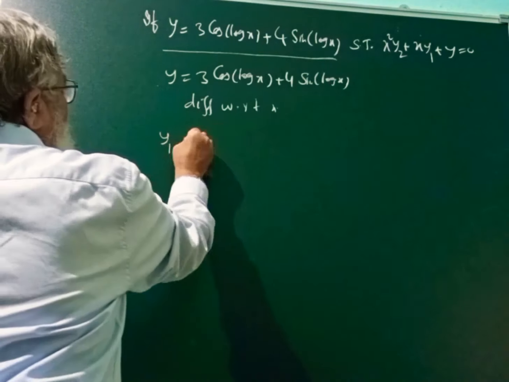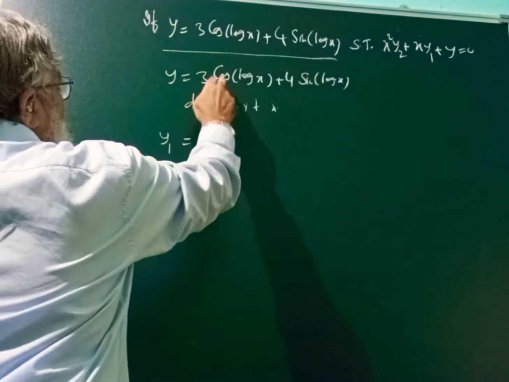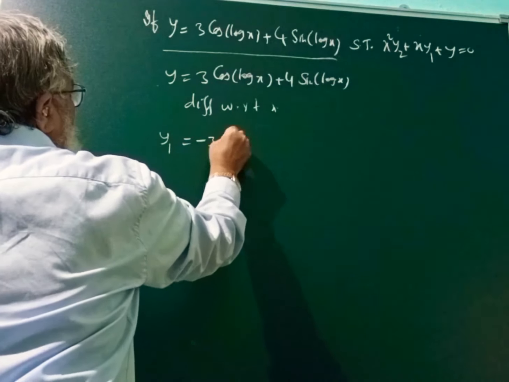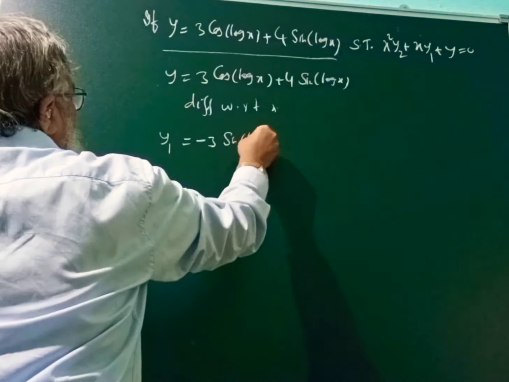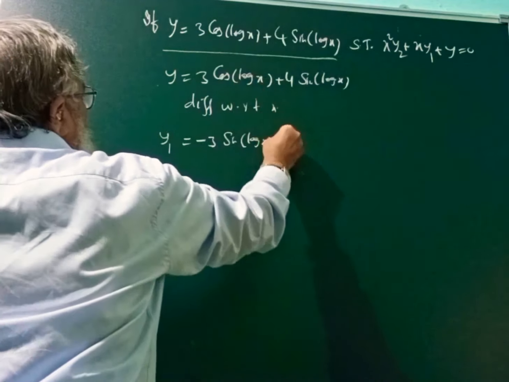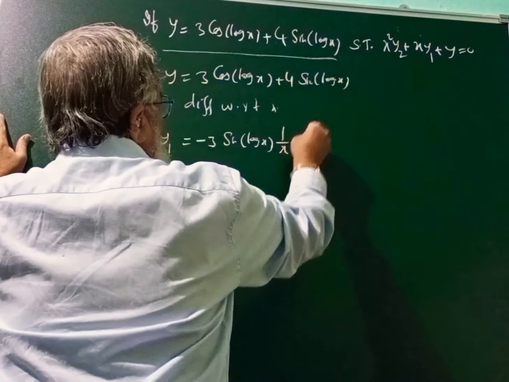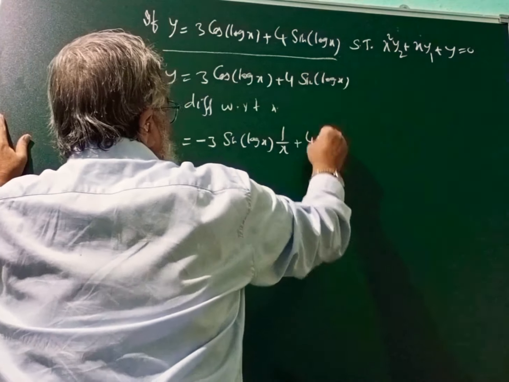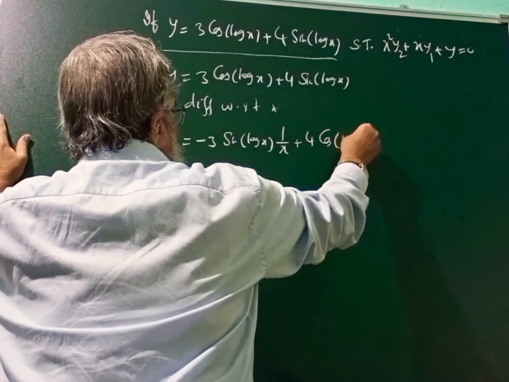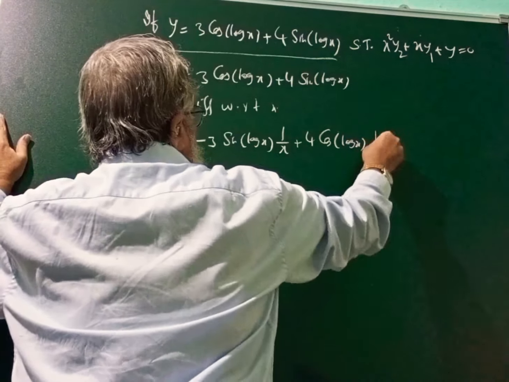That is, 3 is constant. Differentiation of cos is minus sin of log x, and differentiation of log x is 1 by x. Again 4, differentiation of sin is cos of log x, differentiation of log x is 1 by x.